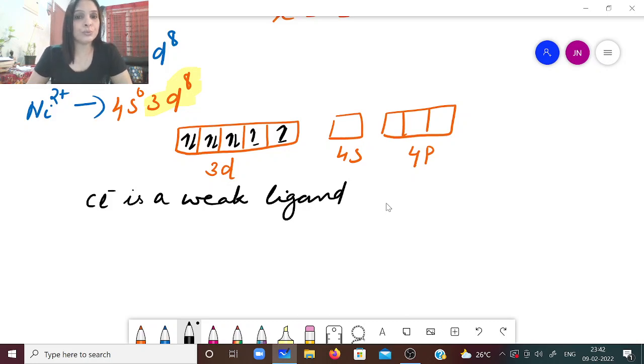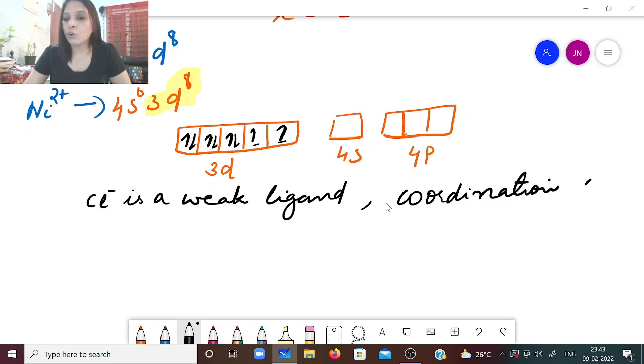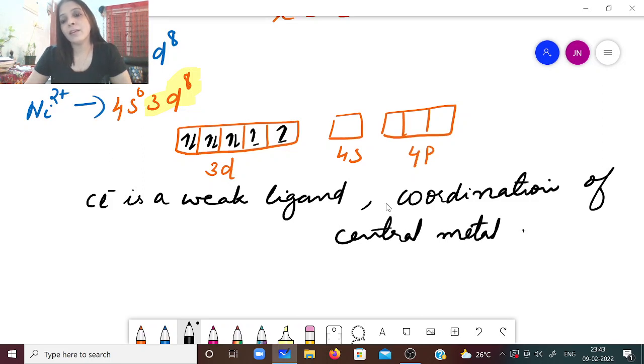I am again going to draw the orbital configuration. And you should know one thing. The complex here, which I have shown, is NiCl4, and the coordination number is 4. So that detail also you will write here: coordination number of central metal atom is 4.